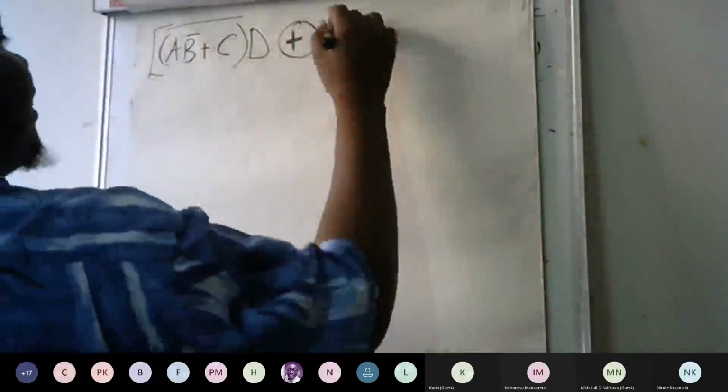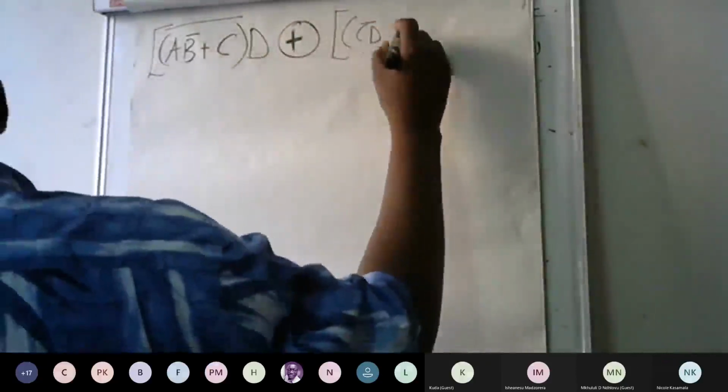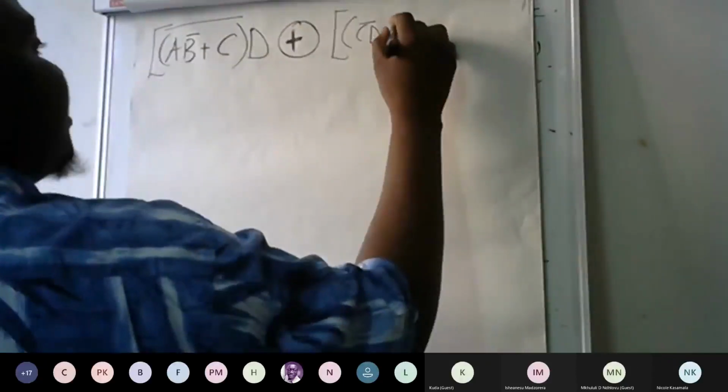Then I can have another one there where I will have CD complement, then plus B, then plus A, then I'll close like that. I will have one complement on top that is complementing everything in terms of the output there.